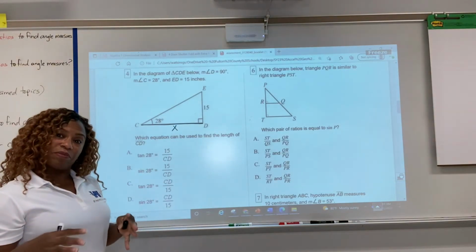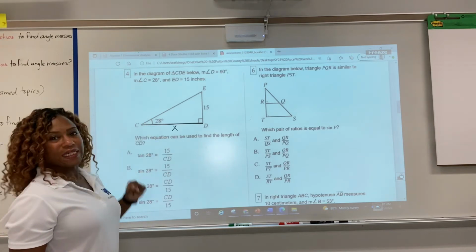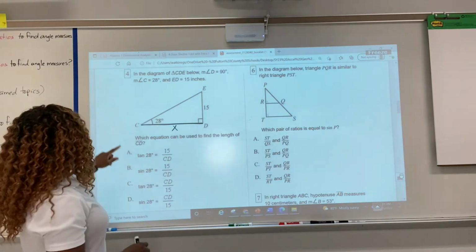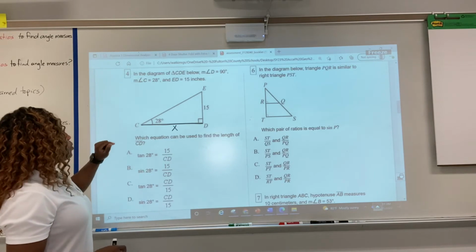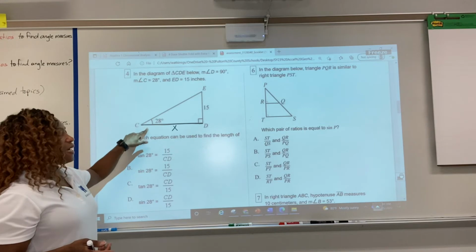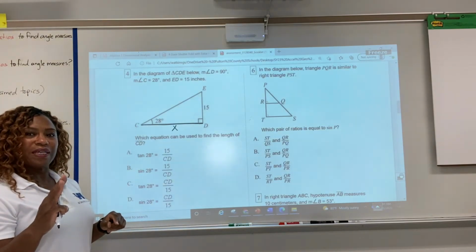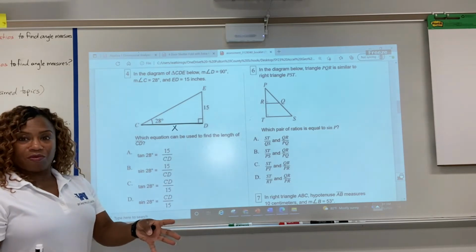But something else I've been given is the angle measure of C, 28 degrees, so we can use that. The first thing I need to do with the given angle of 28 degrees is, from that angle's perspective, find out which of the 3 trig ratios I have information on.